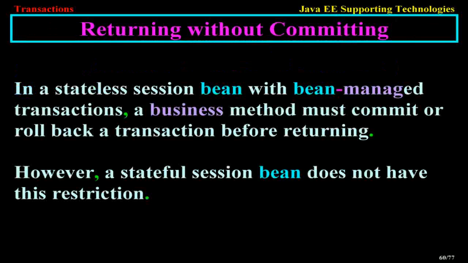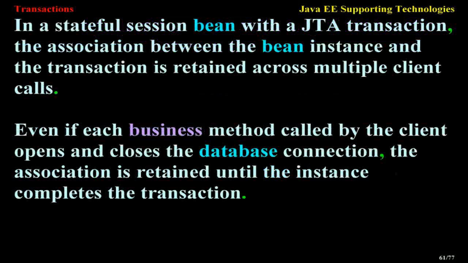Returning without committing. In a stateless session bean with bean-managed transactions, a business method must commit or roll back a transaction before returning. However, a stateful session bean does not have this restriction. In a stateful session bean with a JTA transaction, the association between the bean instance and the transaction is retained across multiple client calls.